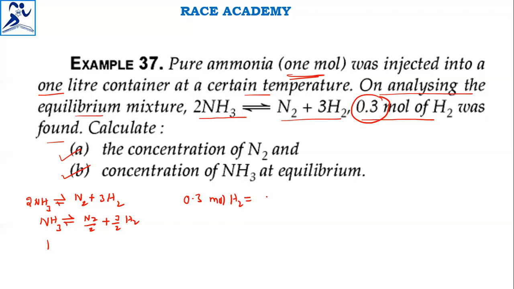Actually, 1 by 2 mole of N2 is giving 3 by 2 mole of H2. So in such a case, what are the moles of N2? Moles of N2 is nothing but 3 moles of H2. So now this is given at equilibrium condition.